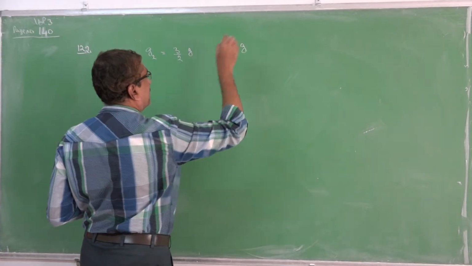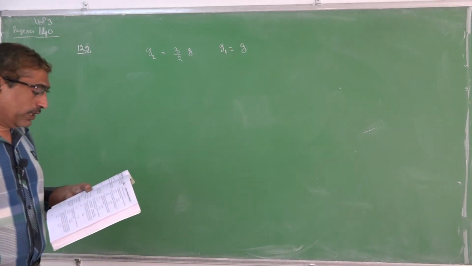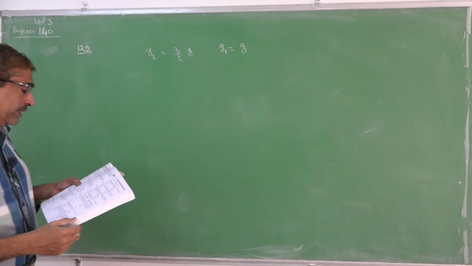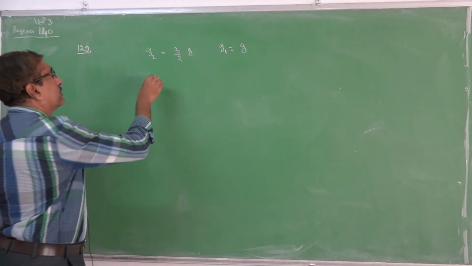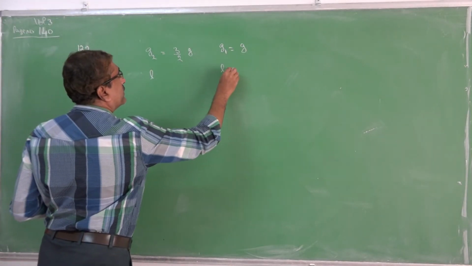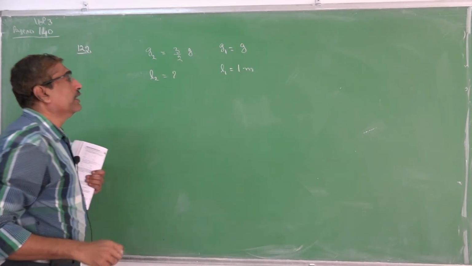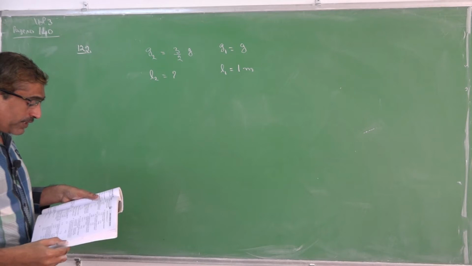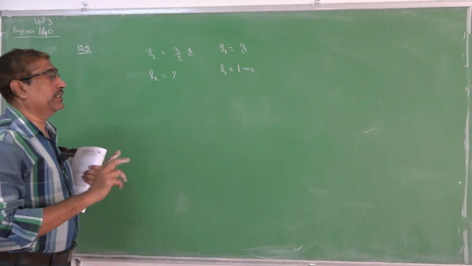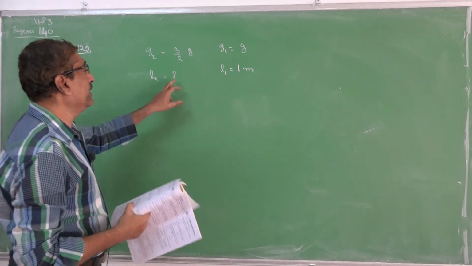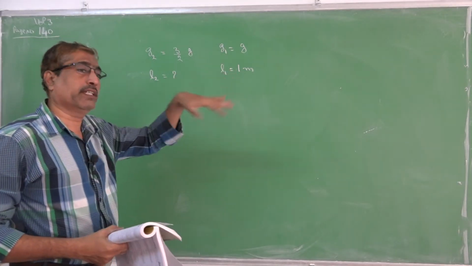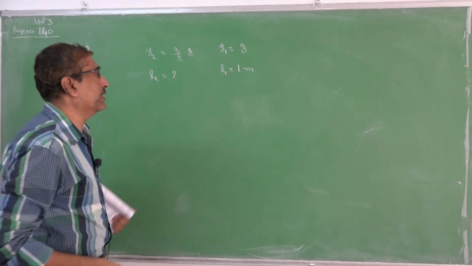Assume that acceleration due to gravity on Earth is g. Now, the length of the seconds pendulum on Earth is 1 meter, so L1 is 1 meter. You have to calculate L2, so that its time period remains 2 seconds on that particular planet also.